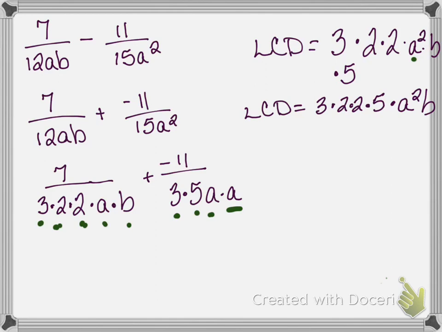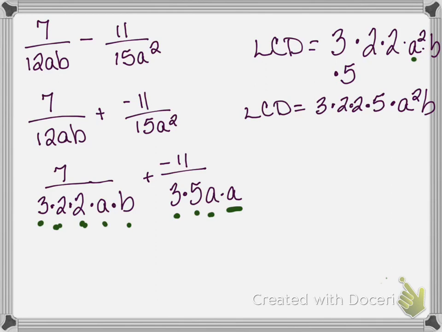Everything that's in each of the denominators has got to be accounted for in my LCD. Now, 3 times 2 times 2 times 5 is 60. Does 12 go into 60 and 15 go into 60? Yes.